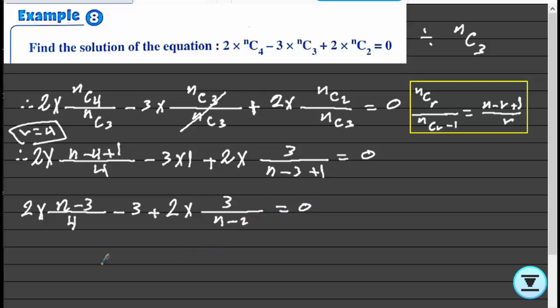Okay, so here dividing up and down by 2 we get 1 and here we get 2.